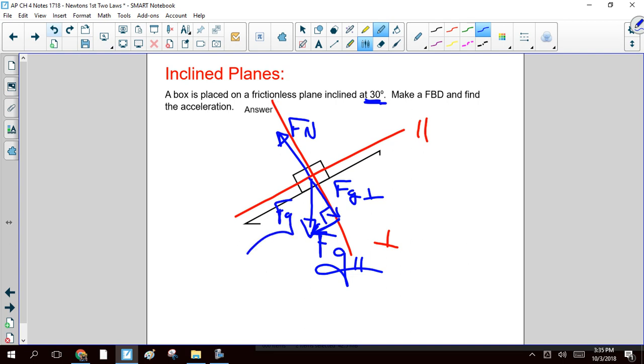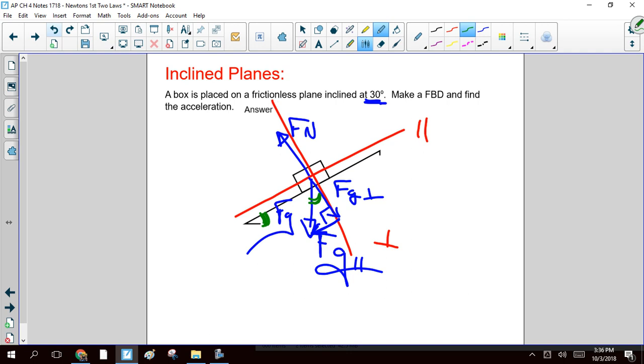Notice this is our right angle, okay? Now, I'm not going to go through the geometry, but it turns out that this angle here, the angle at which your ramp is inclined, is the same as this angle here, right? It is totally worth your while to convince yourself of that, okay? To make sure you understand that, all right?